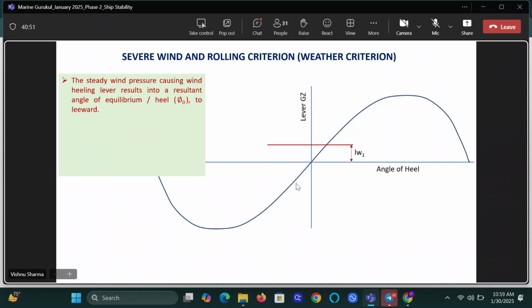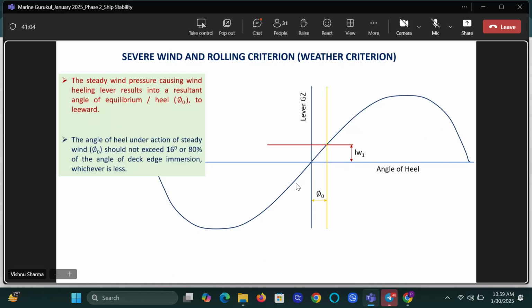Now, where will the vessel heel? Where the LW1 cuts the GZ curve. This is your phi 0. Here there is a compliance. This phi 0 shall not be greater than 16 degrees or 80% of angle of deck immersion, whichever is lesser. Is this slide clear?